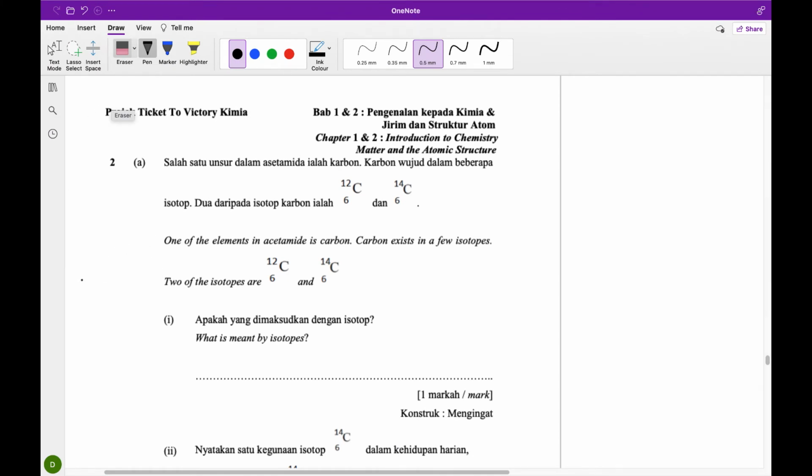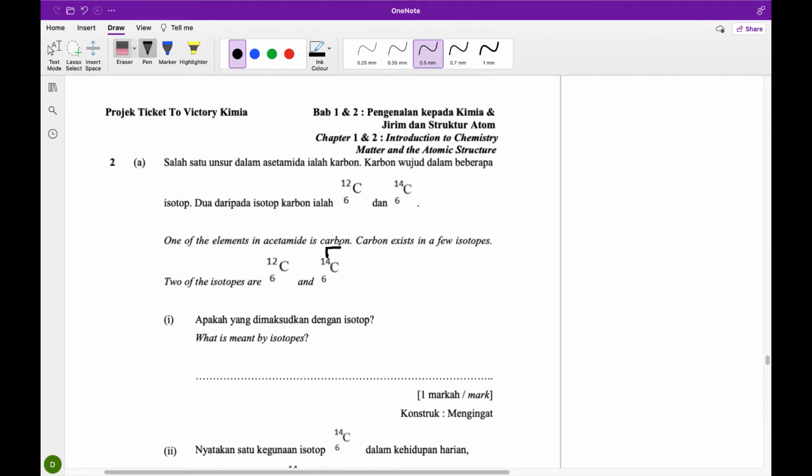Number 2A. One of the elements in acetamide is carbon. Carbon exists in a few isotopes. Two of the isotopes are given, carbon 12 and carbon 14. First of all, when they give you a standard representation, we should be able to identify what the upper and lower subscript numbers represent.